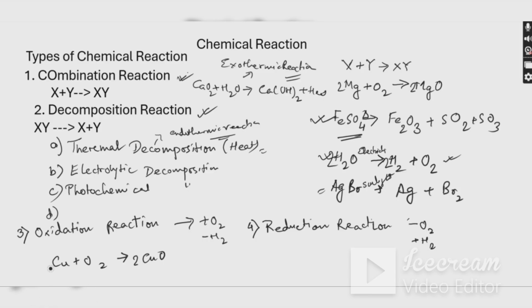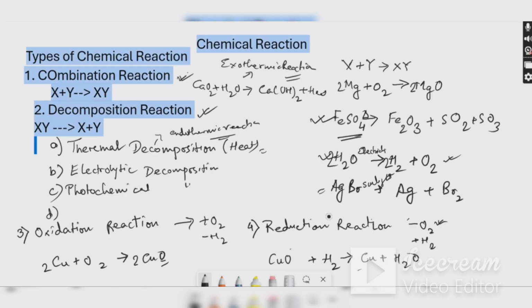Again, whenever I write, I need to balance it. So what is happening? Addition of oxygen is taking place. So I say this is oxidation reaction. Then copper oxide plus hydrogen: here removal of oxygen is taking place. So I say this is reduction reaction.